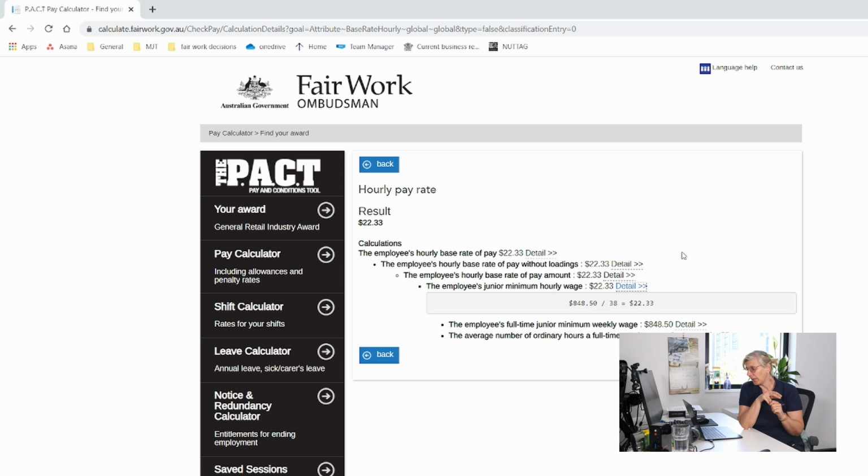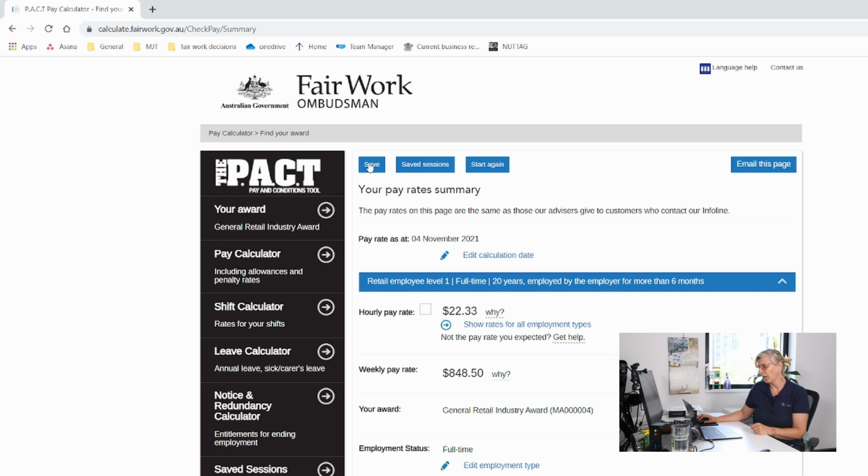There's no loadings on that yet. My base rate stays the same, but I am a junior. So a junior is on a slightly lower rate, but a junior minimum employee is $848.50 divided by 38 equals $22.33. So I'm just going to go back and we're going to go to weekly pay rate.